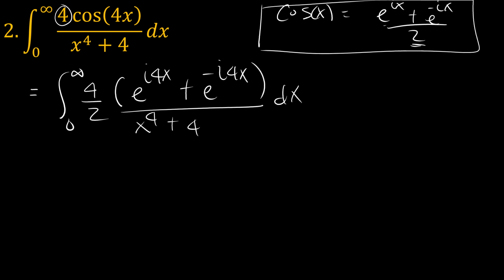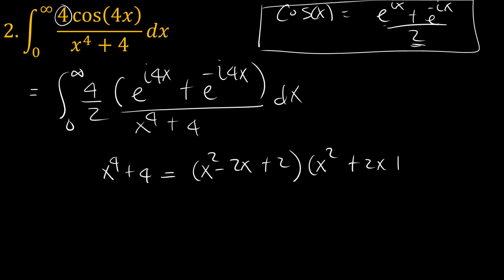Okay, and then x to the power 4 plus 4 is the same as x squared minus 2x plus 2 times x squared plus 2x plus 2.